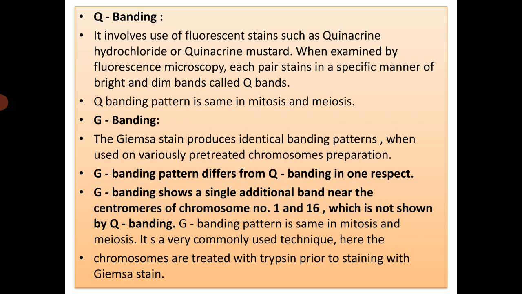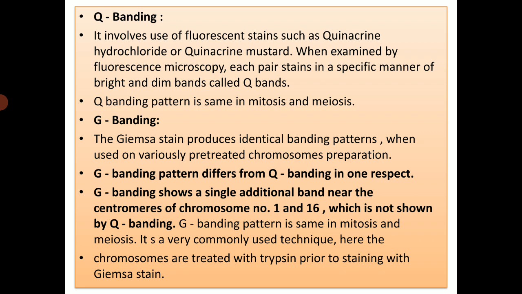G banding pattern differs from Q banding in one respect. G banding shows a single additional band near the centromere of chromosomes 1 and 16, which is not shown by Q banding. This is the specialty of G banding techniques. Now this G banding pattern is the same in mitosis and meiosis, and it is a very commonly used technique. Here the chromosomes are treated with trypsin prior to staining with Giemsa stain. Now what is this trypsin?